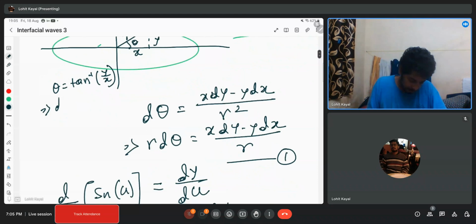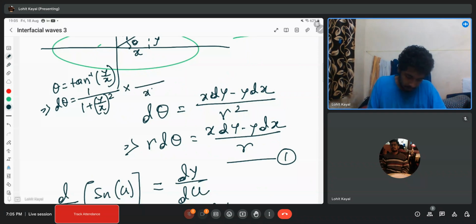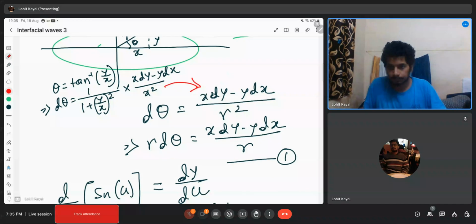So this implies d theta. What will be d theta? It will be 1 over 1 plus y by x whole square, into x dy minus y dx by x square. If you simplify it, you will get this expression.